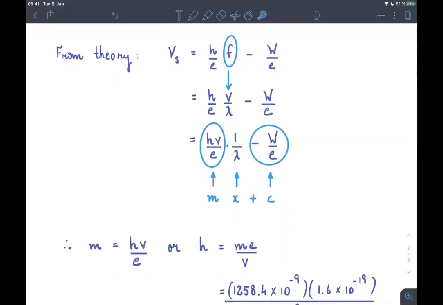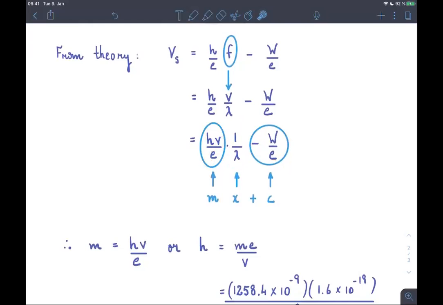And then I am arranging the equation by grouping the constants appropriately. Planck's constant, speed of light, electron charge, these are all constants, which leaves the variable 1 on lambda and minus W on e as the intercept.